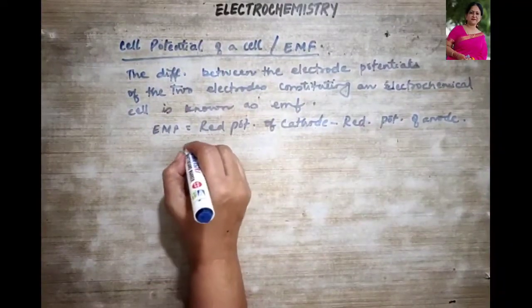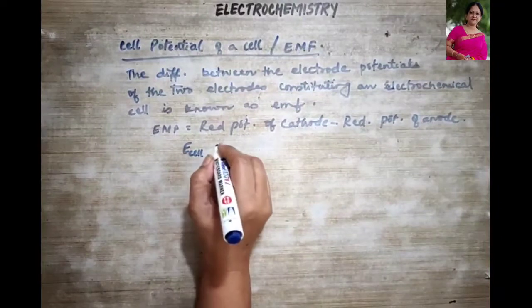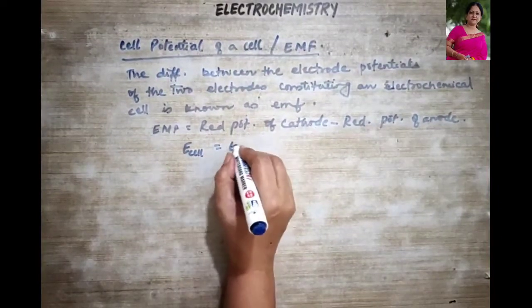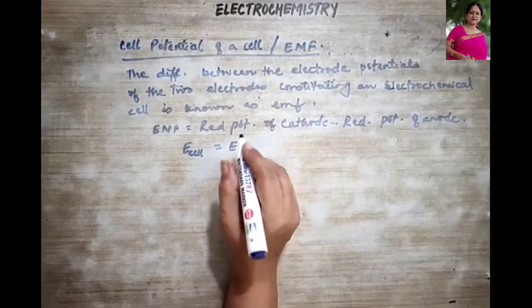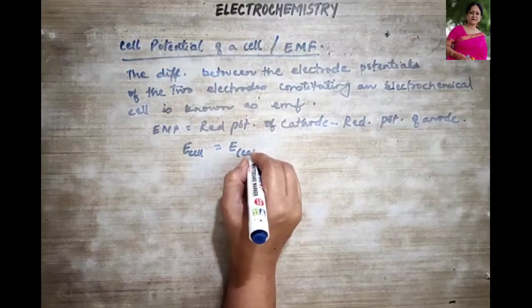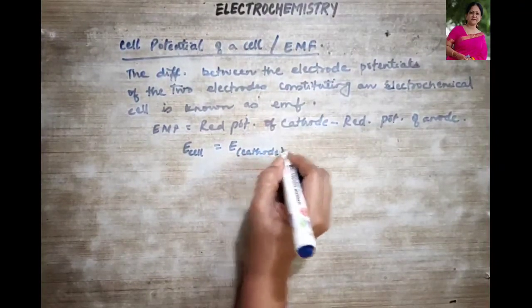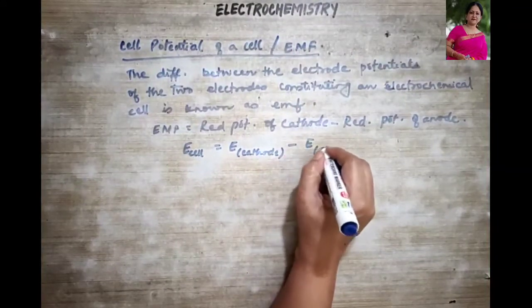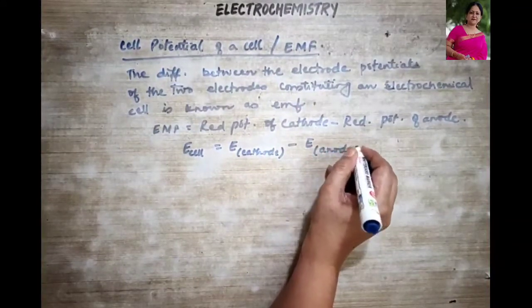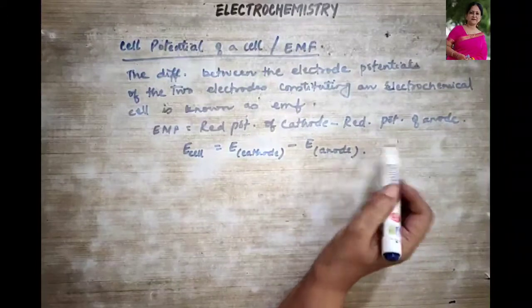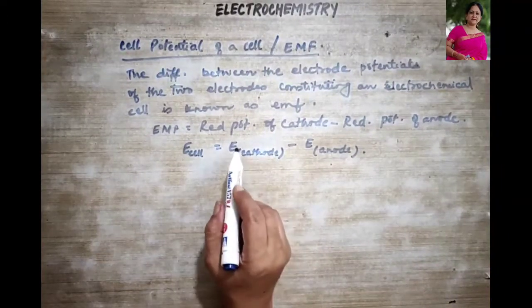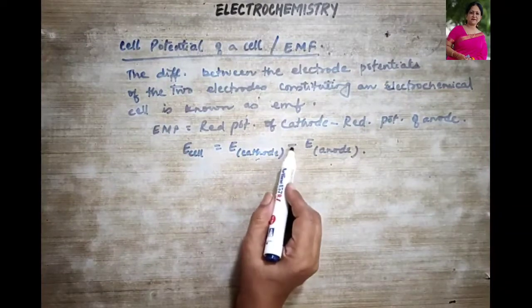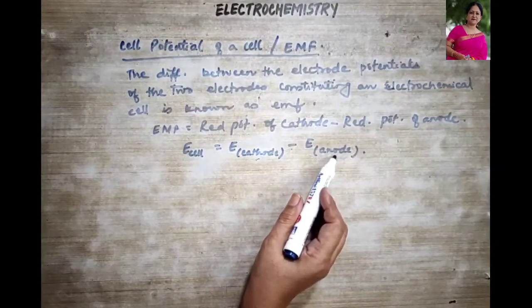Which can also be written as E cell. E is standing for your EMF, okay? This is E cathode minus E, the reduction potential of anode. So your EMF is equal to the reduction potential of cathode minus the reduction potential of anode.